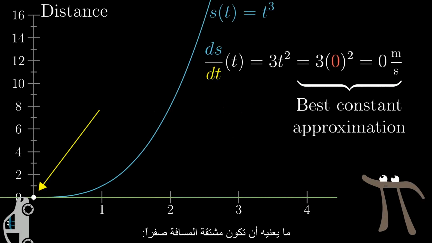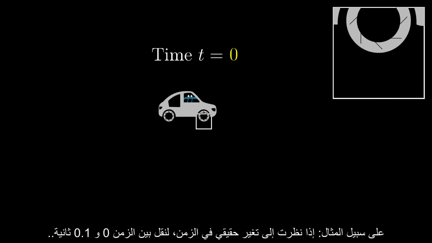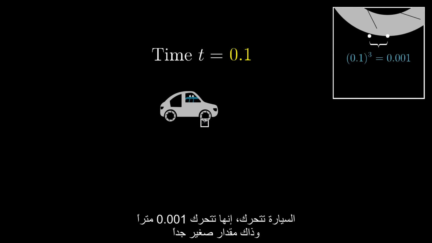What it means for the derivative of a distance function to be 0 is that the best constant approximation for the car's velocity around that point is 0 meters per second. For example, if you look at an actual change in time, say between time 0 and 0.1 seconds, the car does move. It moves 0.001 meters.